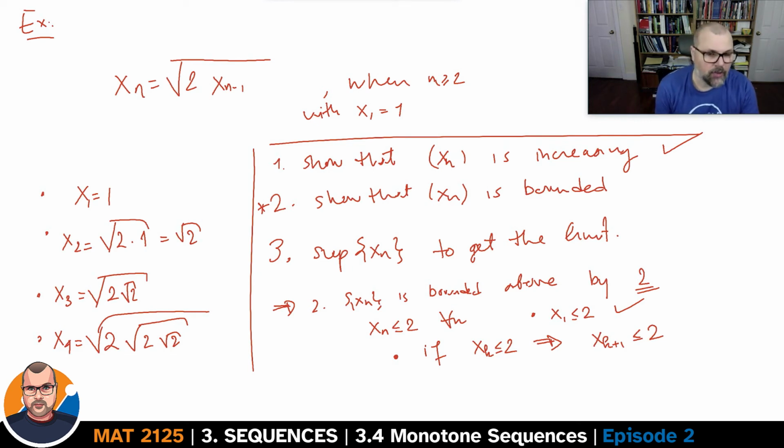If xk is smaller than or equal to 2, that means that twice xk is smaller than or equal to 4, meaning that the square root of twice xk would be smaller than or equal to the square root of 4. The square root of 4 is 2. The square root of twice xk is xk plus 1. And so I've managed to show that assuming that xk is smaller than or equal to 2, so must xk plus 1 be.